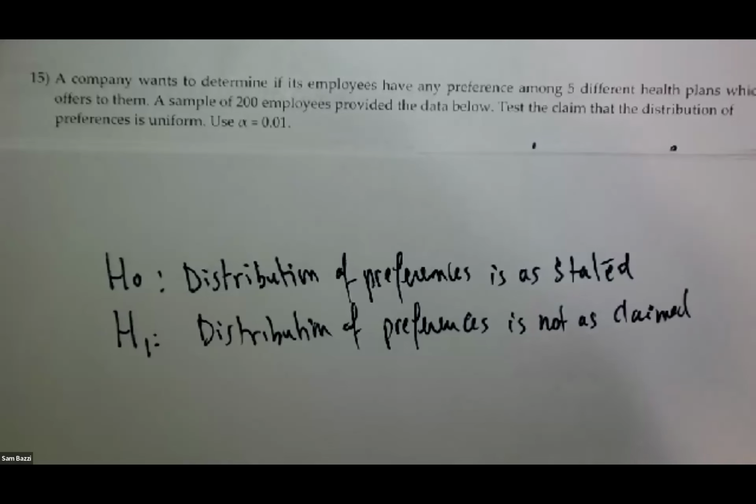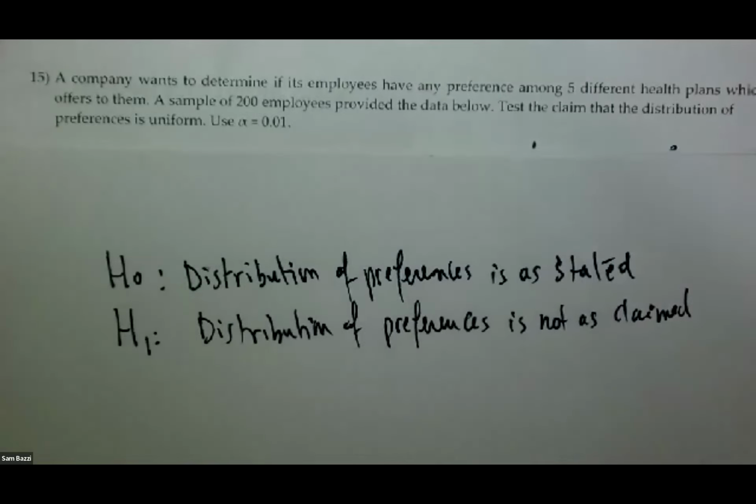What would you guys think now? Is it H0 or H1? H1, because he said it's different. If he wanted the claim to be in H0, he would say the claim is that the preference did not change or remained the same. So it is H1.